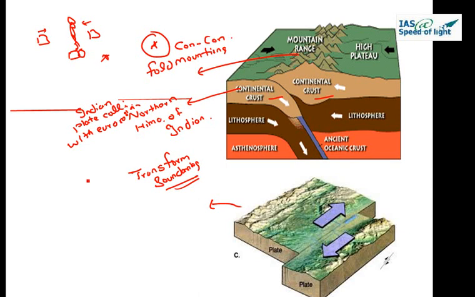A perfect example we can give is the west coast of the southern part of North America, the California part, where we see the sliding of the Pacific plate with the North American plate. It will lead to earthquakes, and this is what we call the fault line.